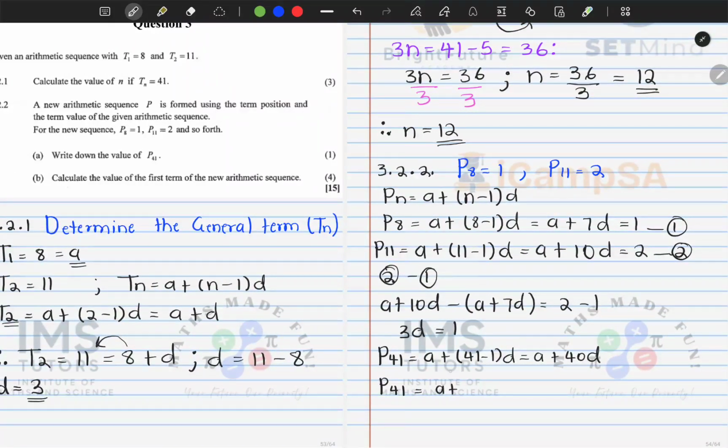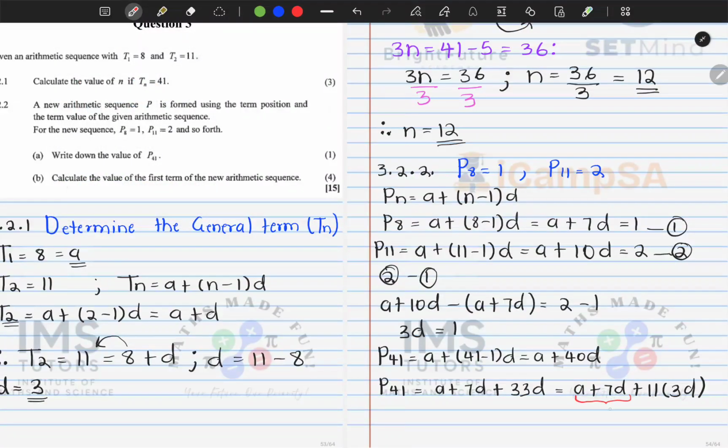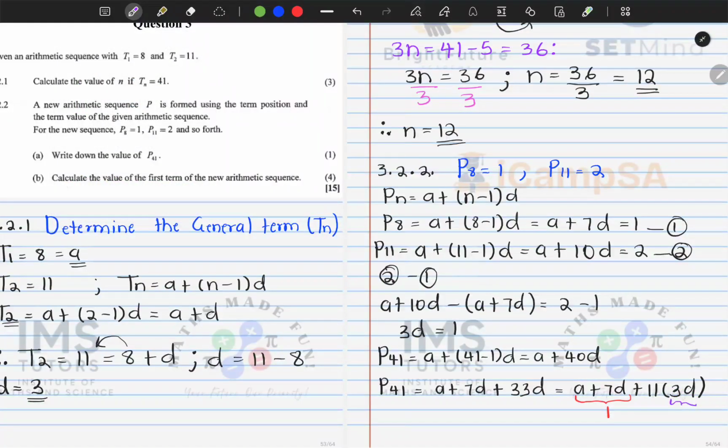What you should be able to see is that I can say 7d plus, if I make this 7, it means I need to add 33d for this to eventually match up. But if you look carefully, we'll have a plus 7d plus 33d, which is the same as a plus 7d plus 11 times 3d. Look at what happens. This portion here, if you look at equation 1, is just 1, and the inner part here is also just 1.